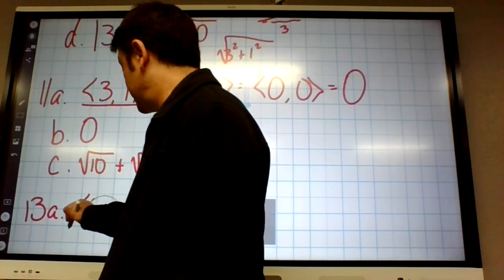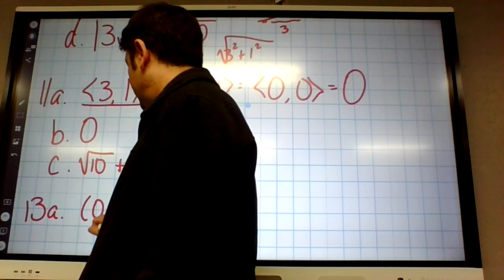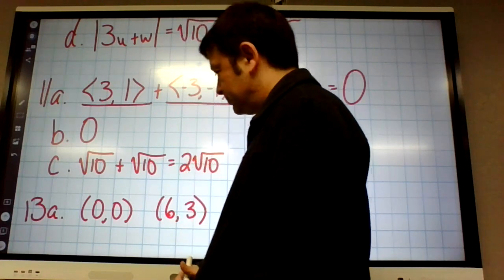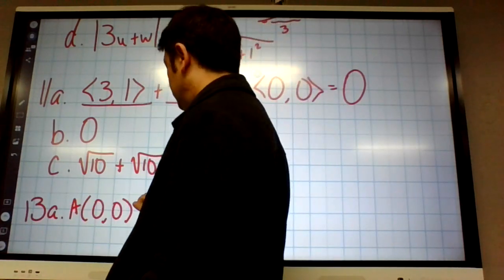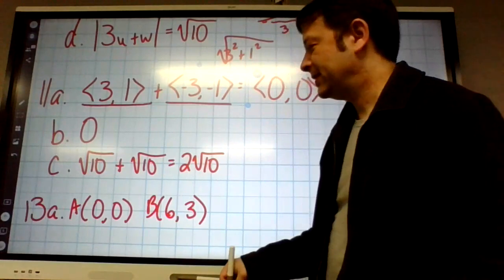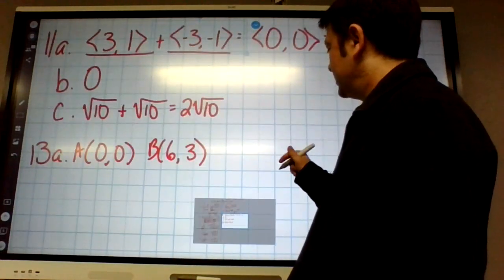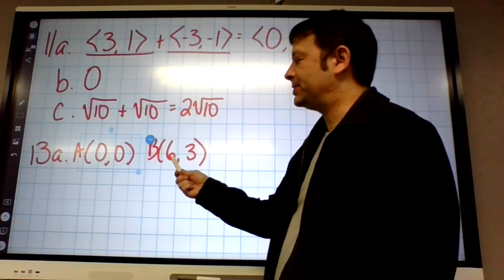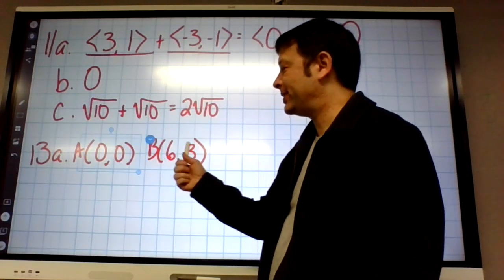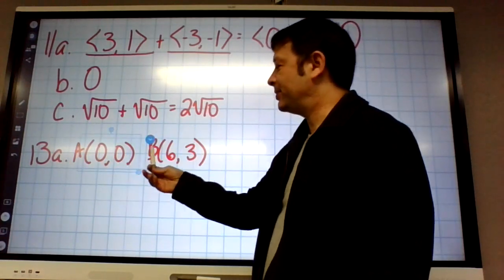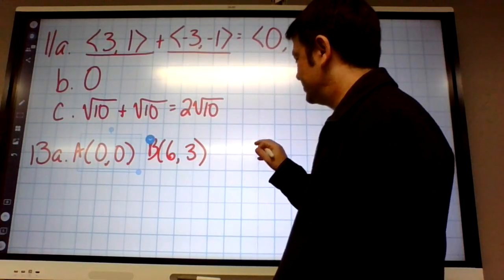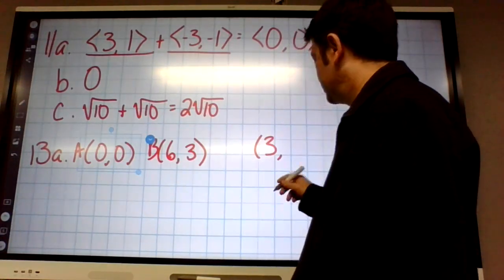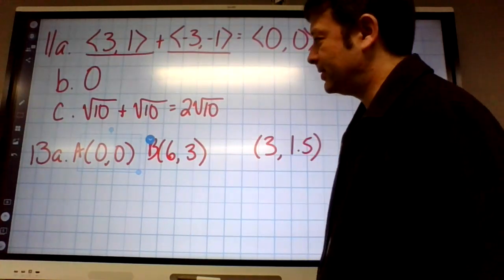Oh wait, these are points, not vectors. 0, 0, 6, 3. What's halfway between those two? Okay, midpoint formula, the point that's in the middle of these two, you just average the x's and average the y's. What's halfway between 0 and 6? 3. What's halfway between 0 and 3? 1.5.